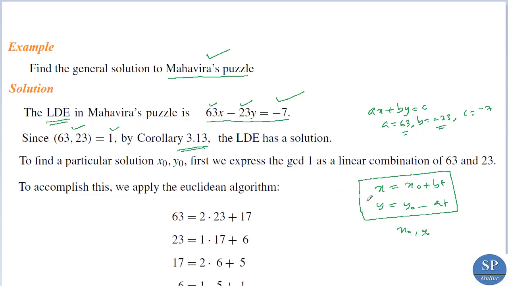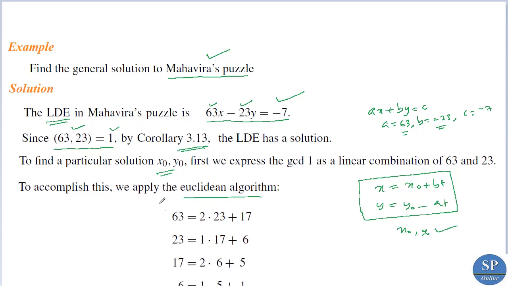So first we need to find a particular solution. For that we have to express 1 as a linear combination of 63 and 23. Since the GCD of 63 and 23 is 1, we can do this by applying the Euclidean algorithm.